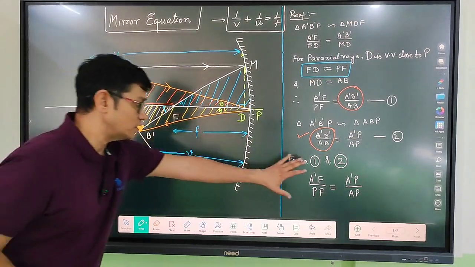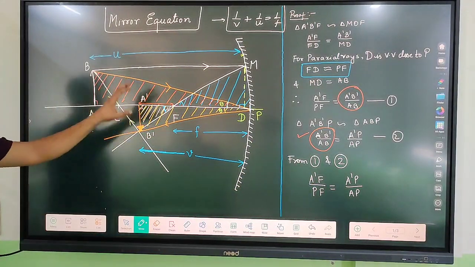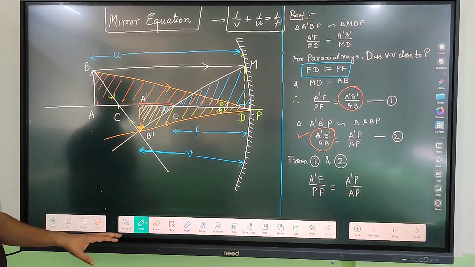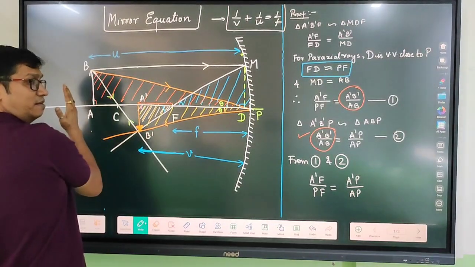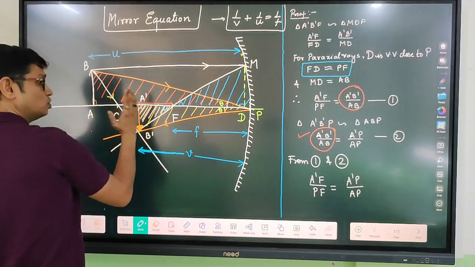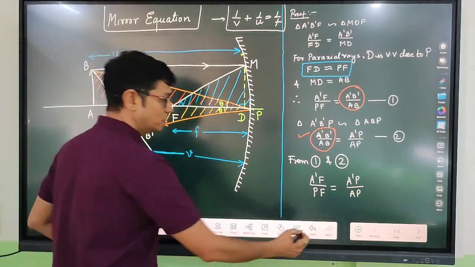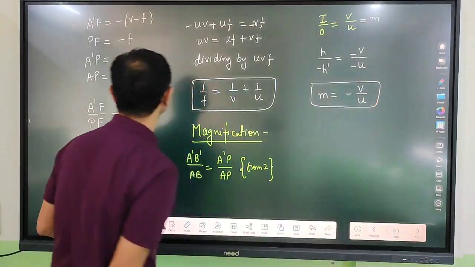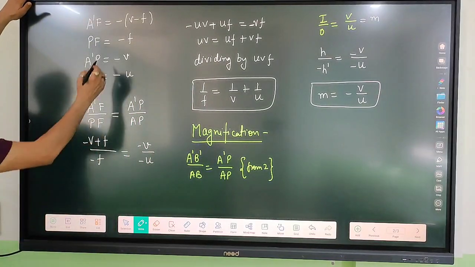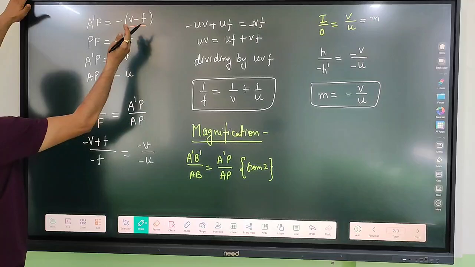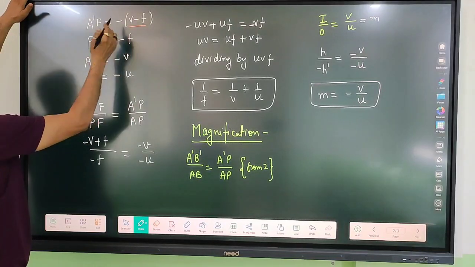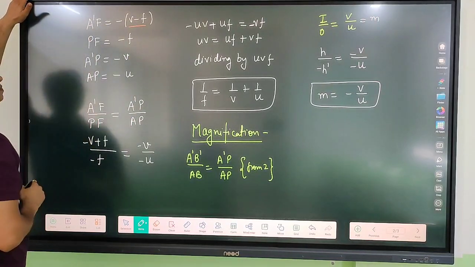So I'm going to replace all these values in terms of U, V and F, with the sign. What is the sign convention? Anything to the left hand side is taken negative. A dash F, in terms of value, is V minus F, and since it is towards the left hand side, it will be taken with a negative sign.